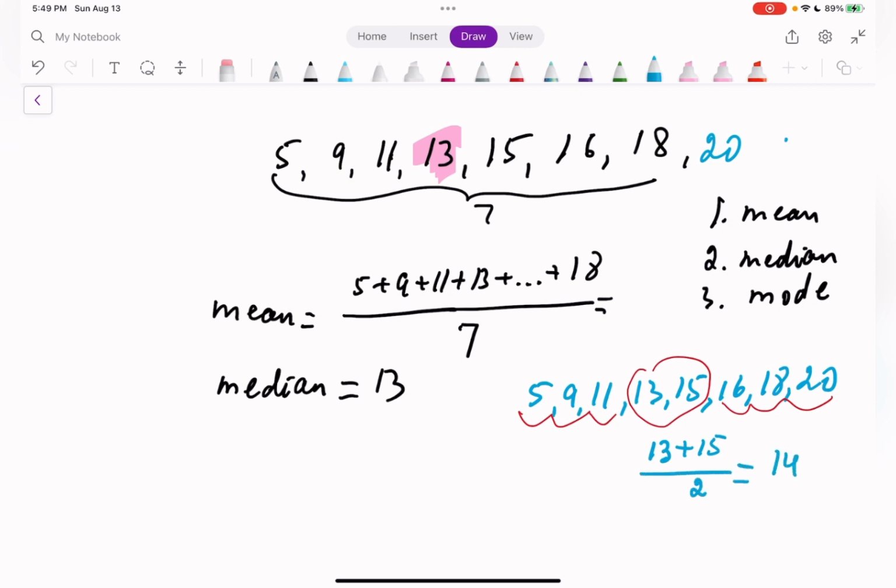In this case, the median is going to be 14. So, real quick, when you have an even amount of elements, you take the middle 2 and find the average between these two, and you get the median.